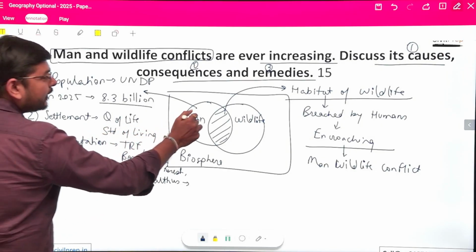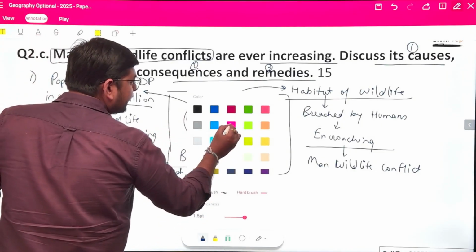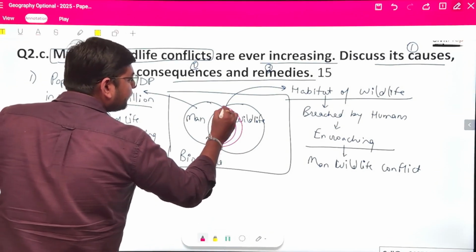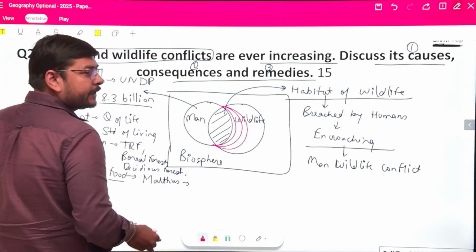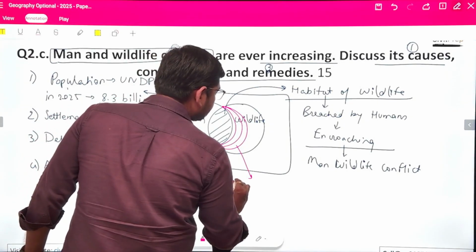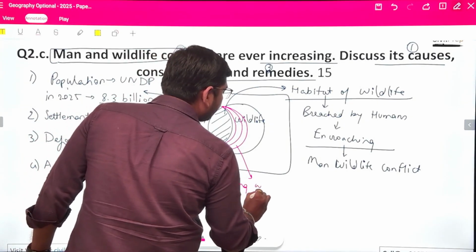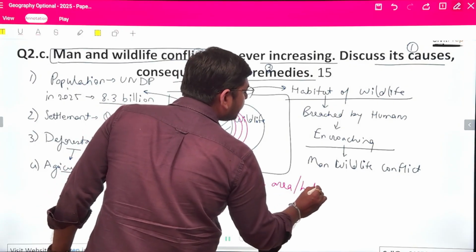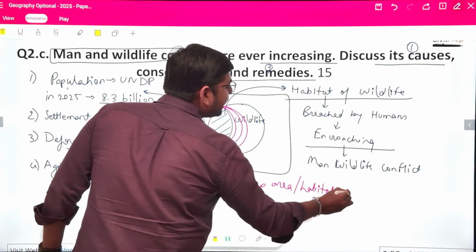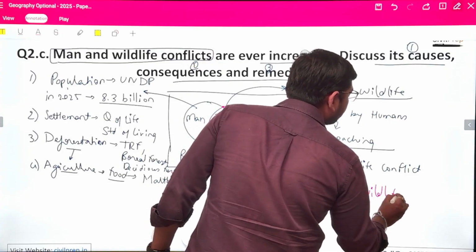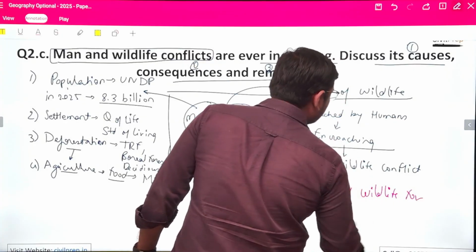Year on year, we are expanding into the areas of wildlife, taking up the area or habitat of wildlife for anthropogenic use.